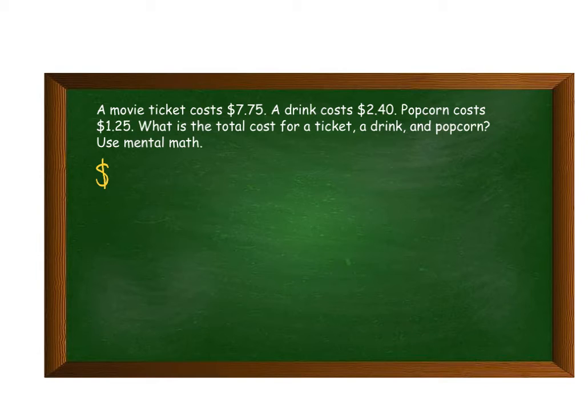So total cost, we got to add all these up. So $7.75 plus $2.40 plus $1.25. Now, if we were doing this all in our head, okay, we would want to combine the things that are similar, right?